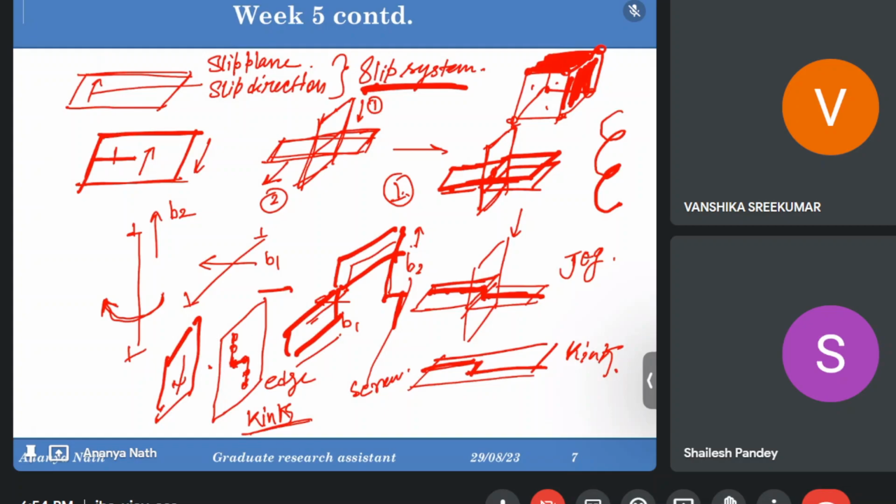It may happen that the screw will have the breaking and the edge will be as it is. So it depends upon many factors, and the factor which really influences is mainly the dislocation density, and we cannot formulate those things.